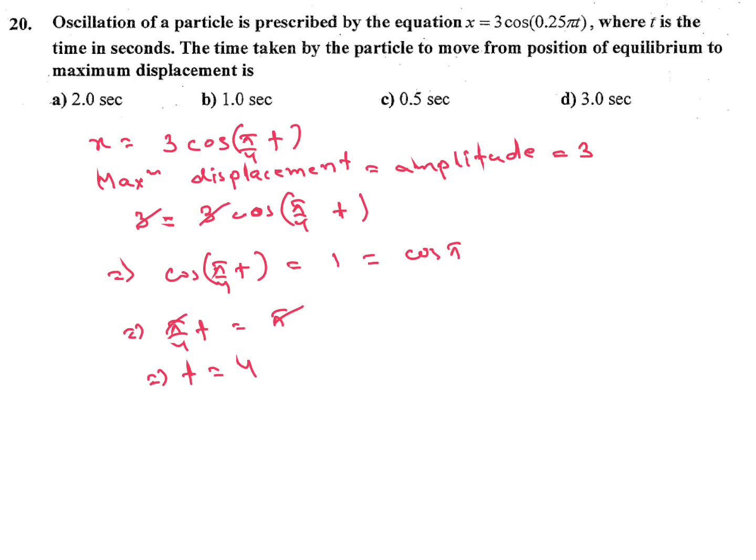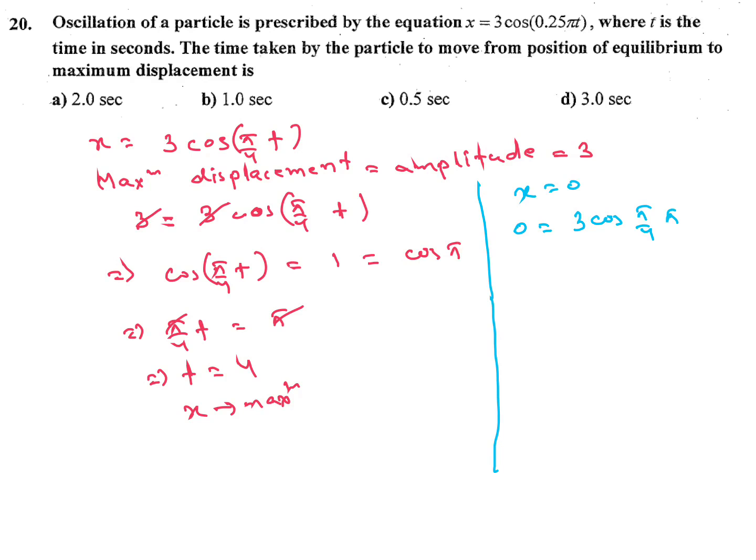At equilibrium position x is equal to 0, displacement is 0, so 0 = 3 cos π/4 t.